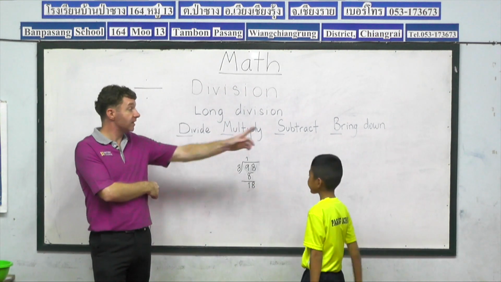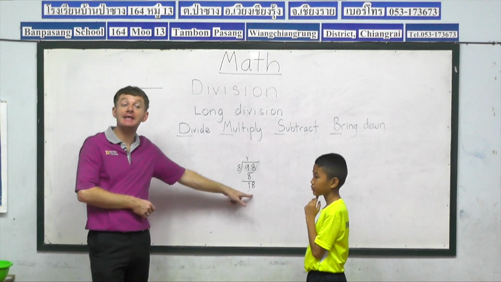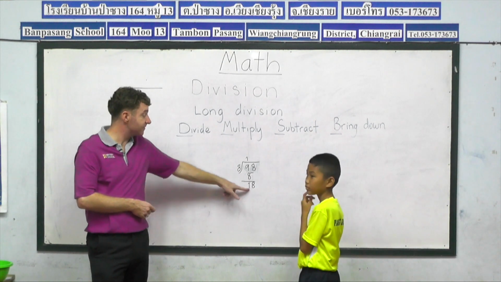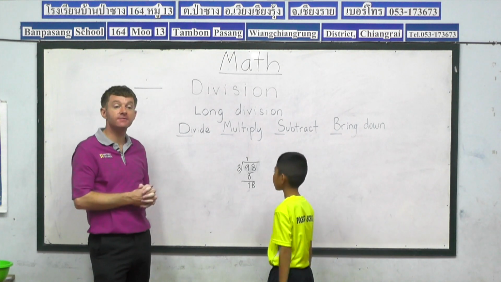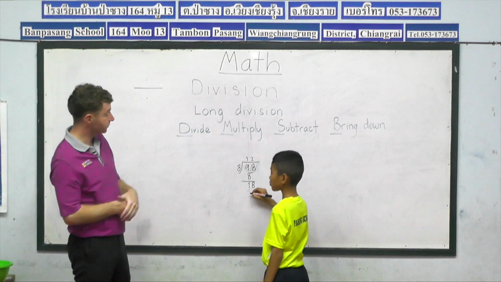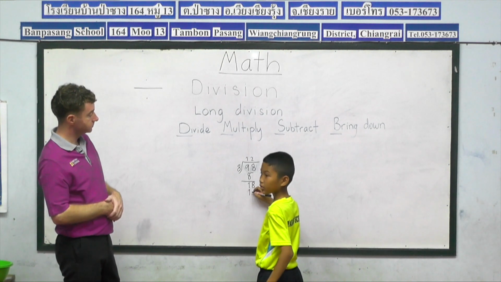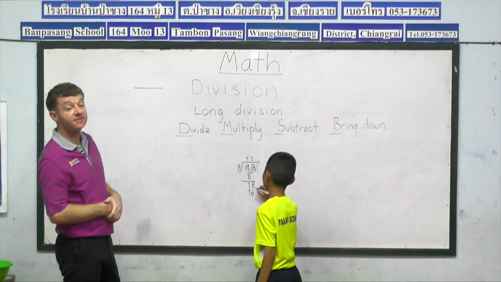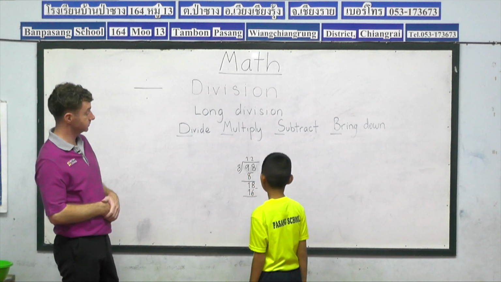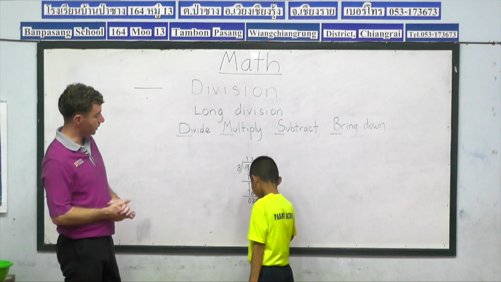Now we bring down, but notice we're not just using 8, we're using 18. So 18 divided by 8 equals 2. Excellent. So now 16. And then 18 minus 16 equals 2. Well done, Bangpon.